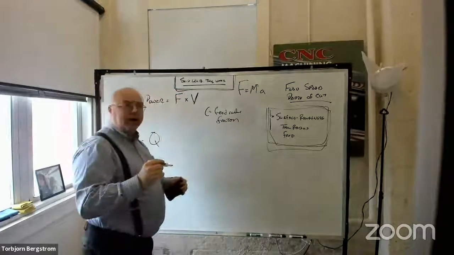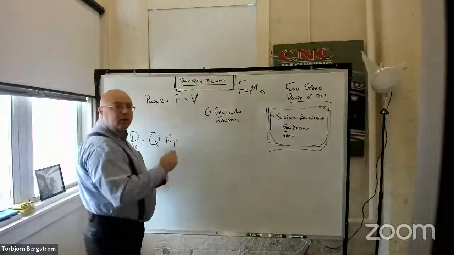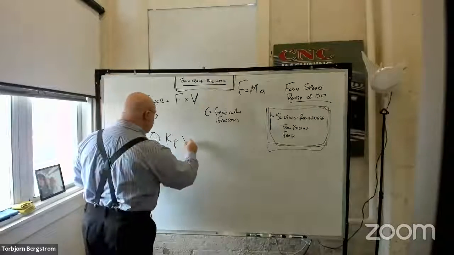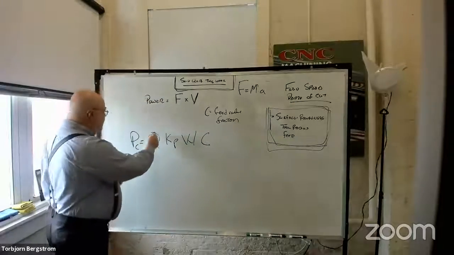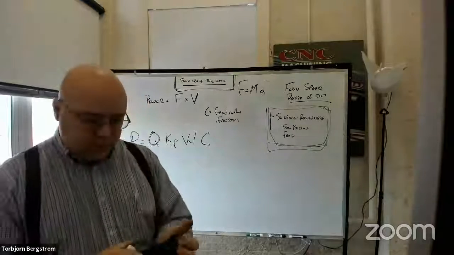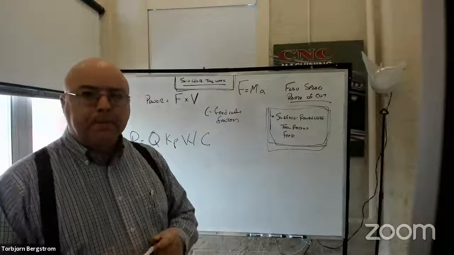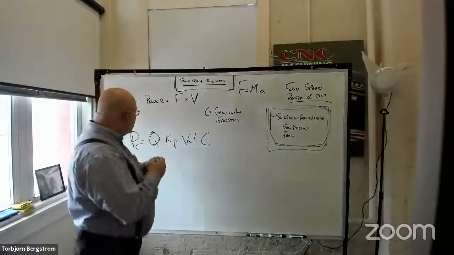So let me just write it down. So KP, Q, W, C. And so if we know Q, how do we find out Q? Material removal rate. We choose Q because that's something that we have control over.